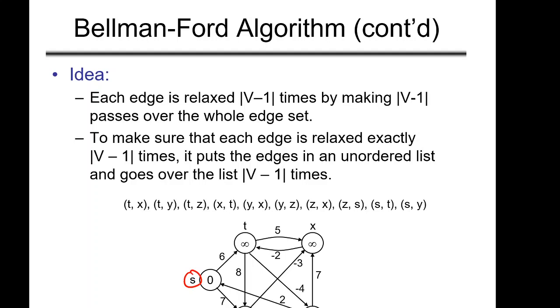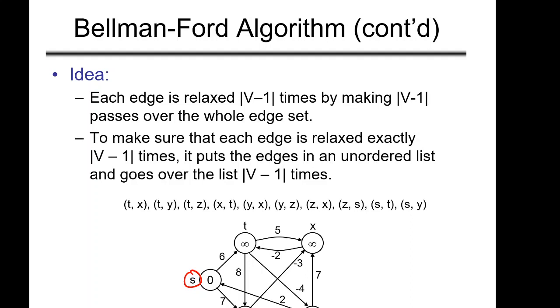So from S we have to find the shortest path to each and every vertex. So for each edge we will relax it V minus 1 times by making V minus 1 passes over the whole edge set. To make sure that each edge is relaxed exactly V minus 1 times, it puts the edges in an unordered list and goes over that list.